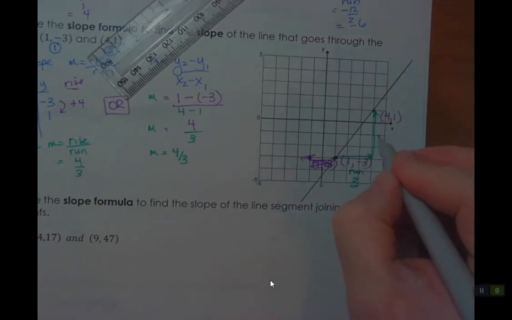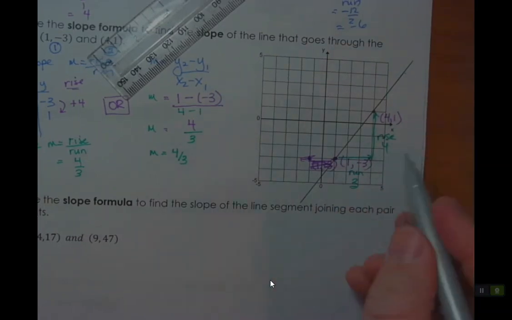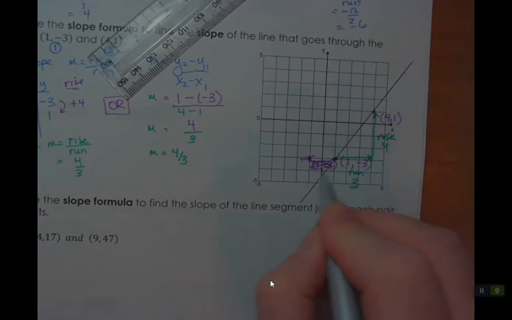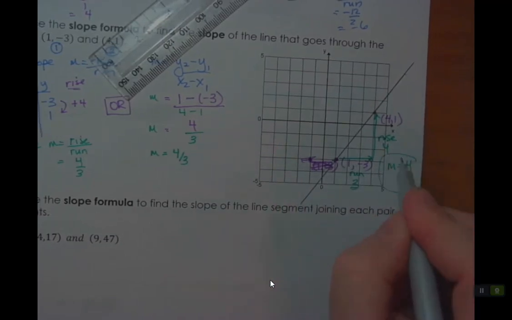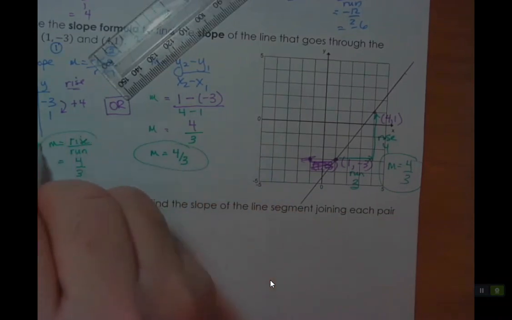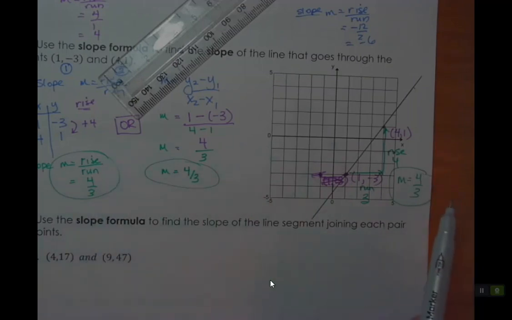My rise went 4 units. So we're not asking you to pick. You have to learn all 3. What I'm saying to you is all 3 do get you the same answer. It doesn't matter.